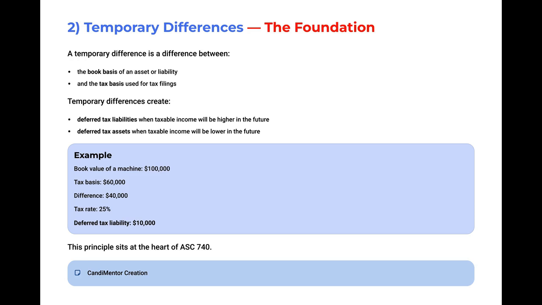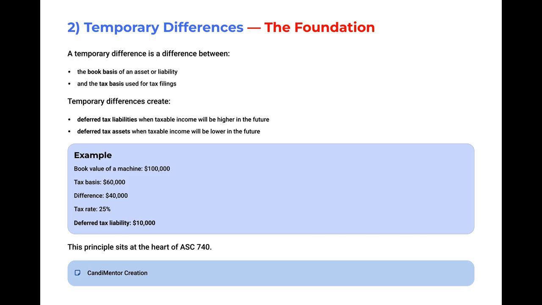Example: book value of a machine, $100,000, tax basis, $60,000. Difference: $40,000, tax rate, 25%, deferred tax liability, $10,000. This principle sits at the heart of ASC 740.